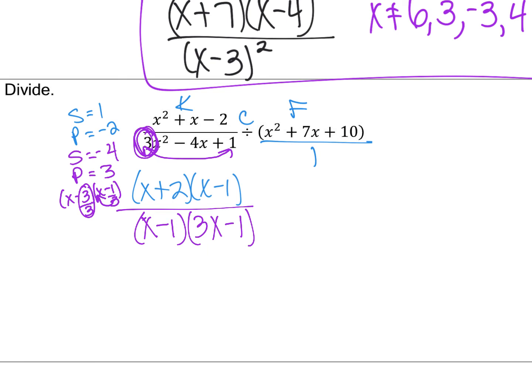Okay, so we are changing our division to multiplication, and then we are flipping our second fraction. So now I'm going to have a 1 on top, which I can't factor. And then my new denominator, sum is 7, product, notice that's a 1, so the product is just 10. So that would be 2 and 5.